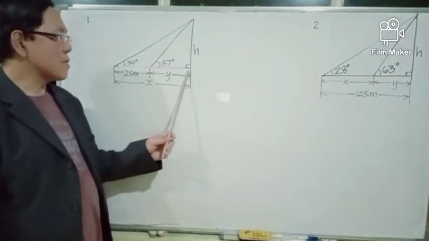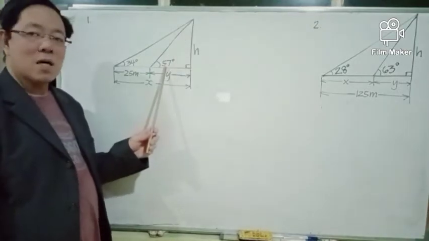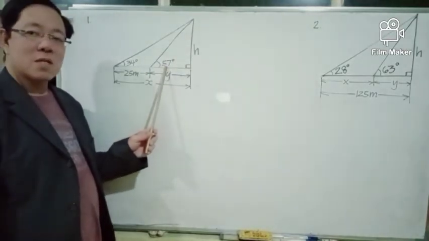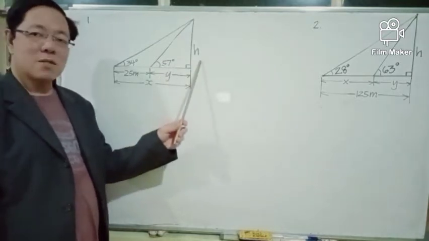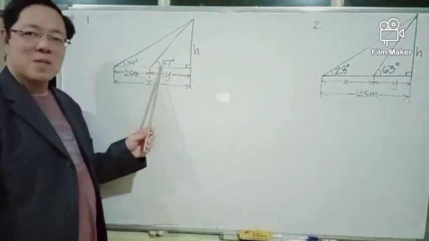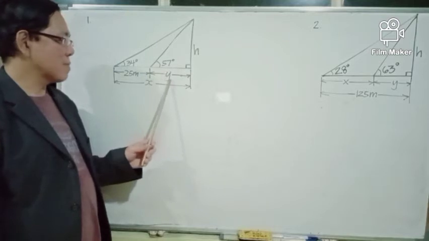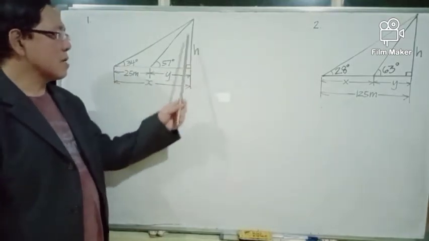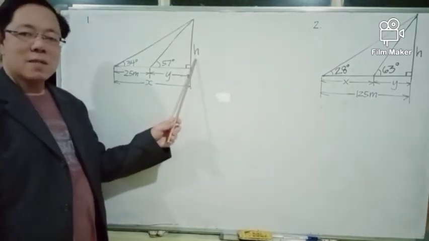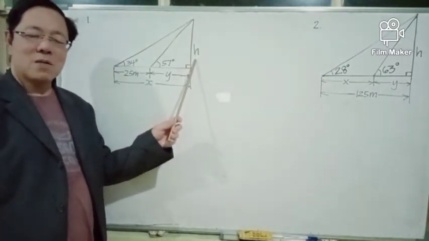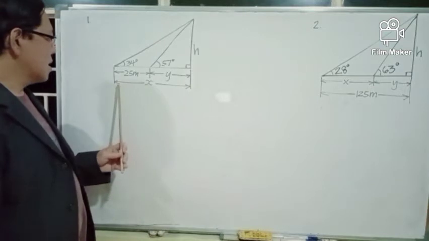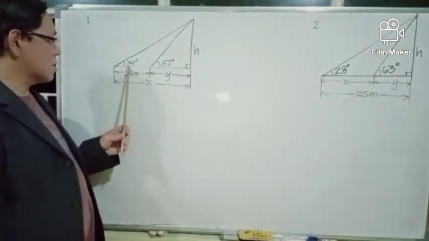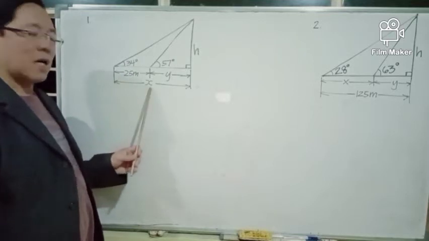The smaller right triangle has an acute angle of 57 degrees, where opposite 57 degrees is h and adjacent to 57 degrees is y. And we have a bigger right triangle with the same height as the smaller right triangle, but the side adjacent to 34 degrees is x.